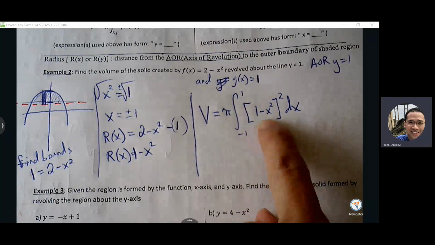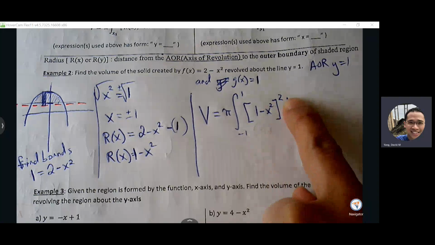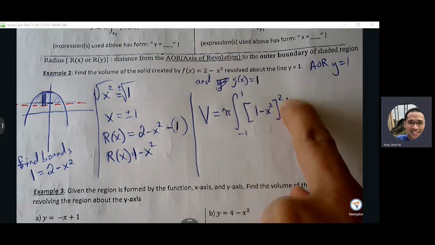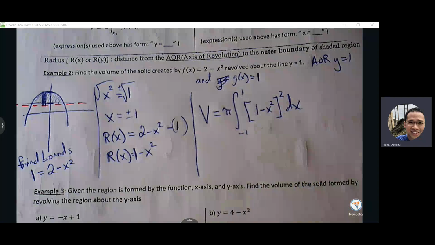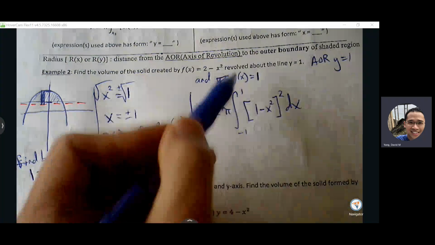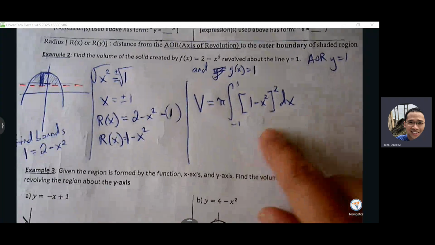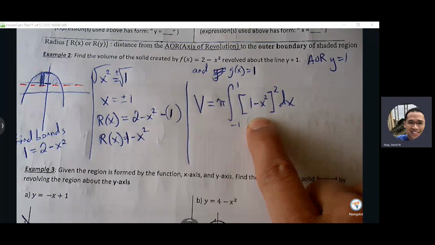Not use substitution. The degree is small enough for us to just expand, right? So we've got to FOIL everything out, and then we can do what with that afterwards? Power rule, right? FOIL everything out, do power rule, and then plug in the upper and lower bounds. It's doable. It takes a little bit longer, but let's practice using our calculator, okay, for this.